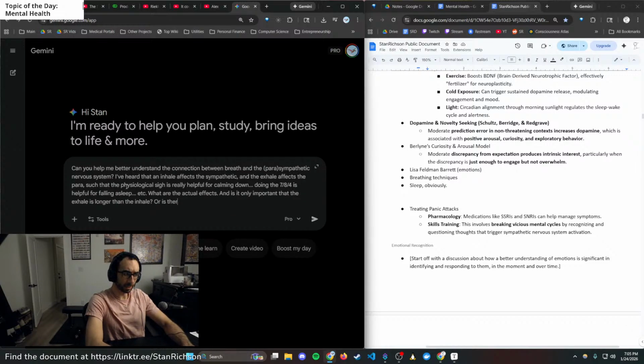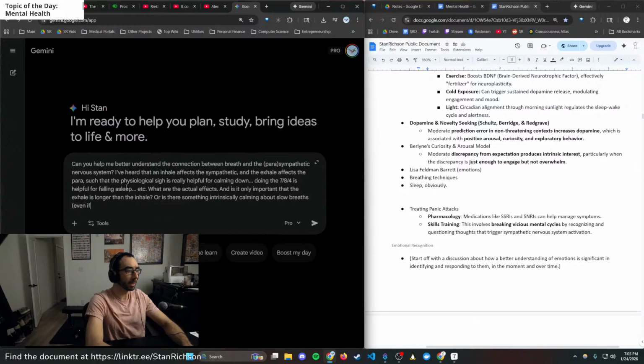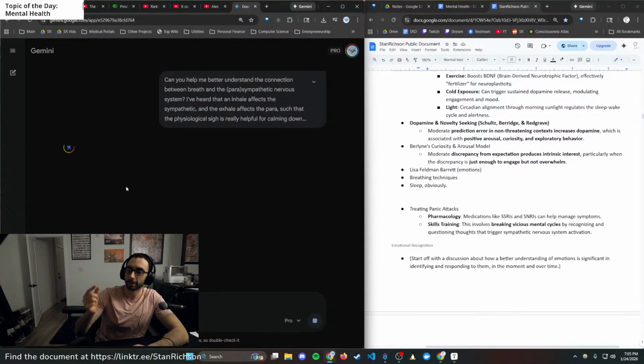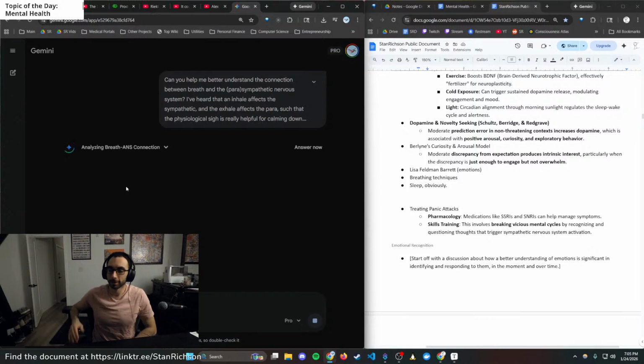Or is there something intrinsically calming about slow breaths, even if the inhale and exhale are equally long? Yeah, I'm trying to just get the below-the-layer understanding here.